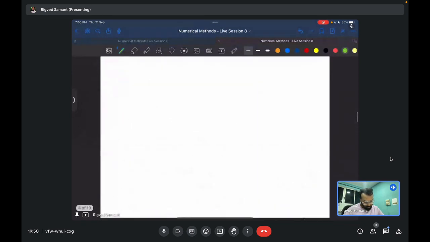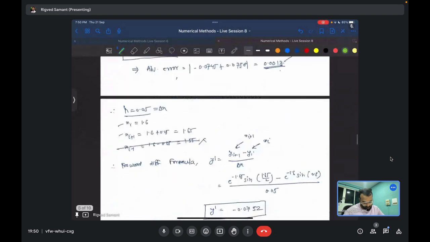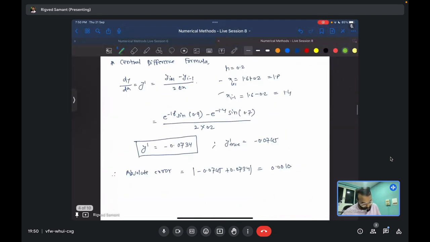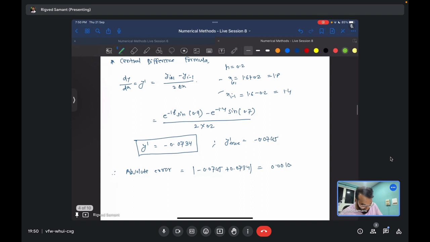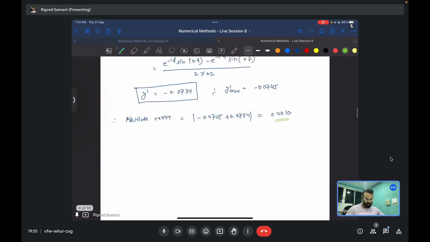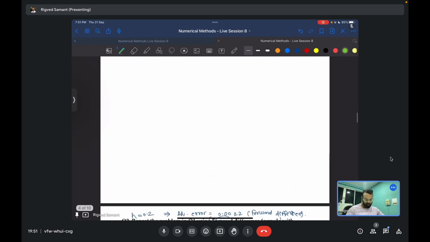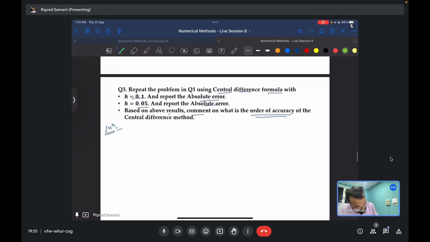Using that, we got this value of y dash, and y true is not changing because it's a true value, and we got this absolute error using a central difference in the first case. Now we will solve it for h equal to 0.1. Since it is just a repetition, I will be quick with it.